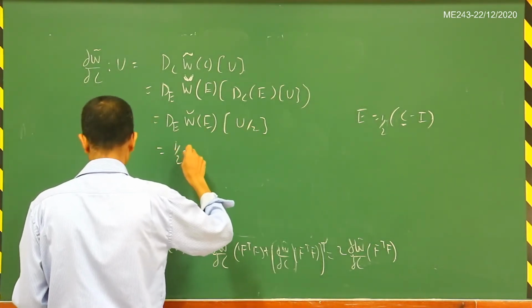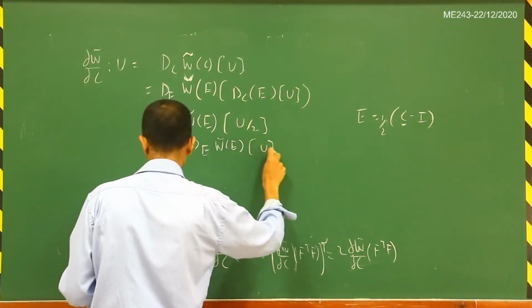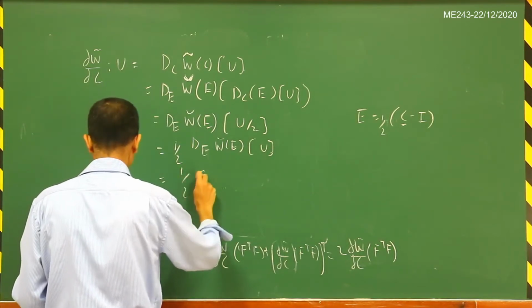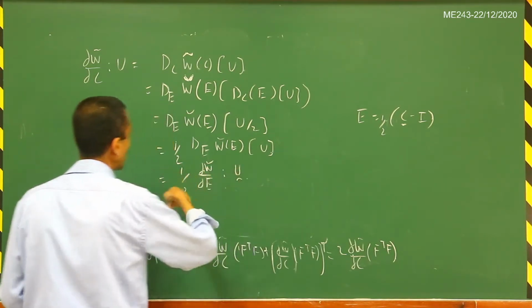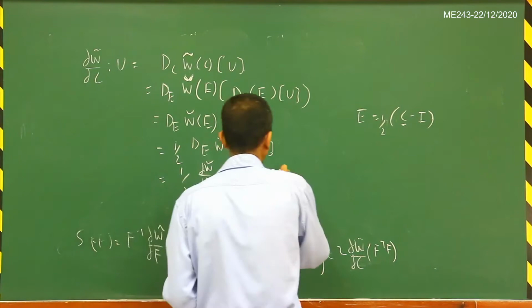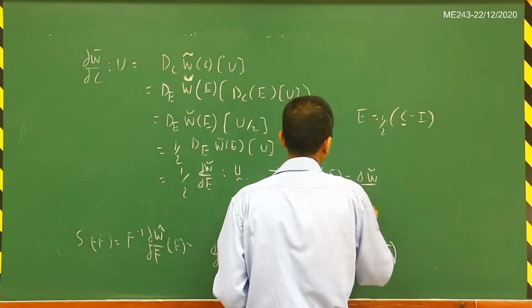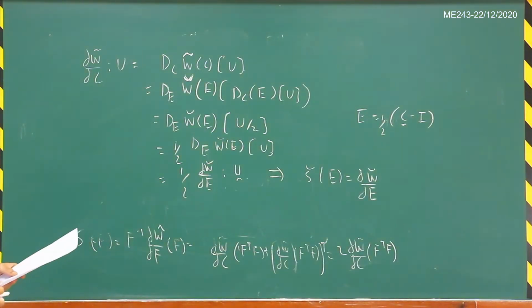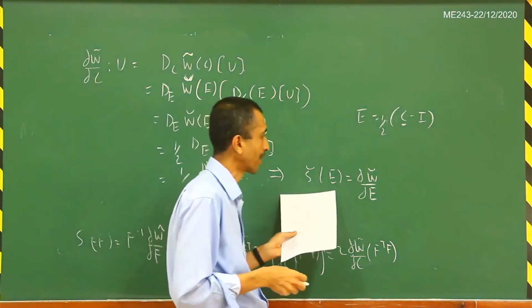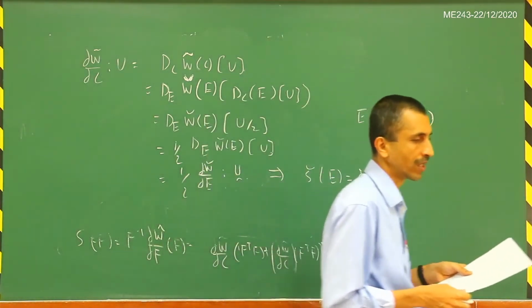So that is half of D_E of W of E times U. And this is equal to half of del W by del E matrix inner product U. And from this, you can see that this implies that S of E is equal to del W by del E. So it's the gradient of the strain energy density function with respect to E. Okay, so that shows that the second Piola-Kirchhoff stress can be directly obtained as a gradient of the strain energy density function with respect to E itself.